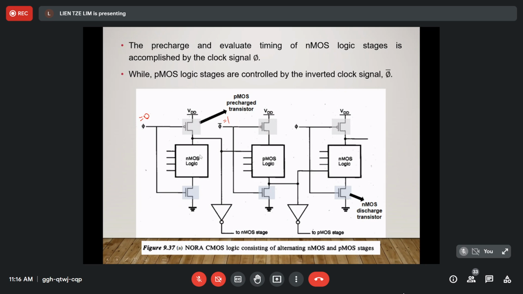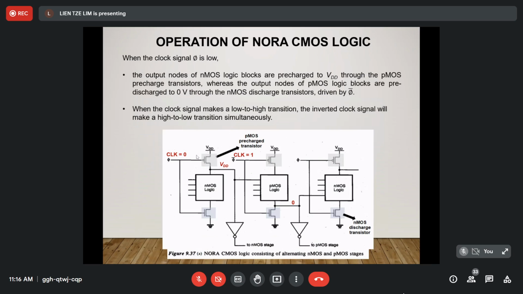For this NORA CMOS logic, the operation is given here with a description. When the clock signal is low, the output nodes of NMOS logic blocks are pre-charged to VDD through the PMOS pre-charge transistor, whereas the output nodes of the PMOS logic blocks are pre-charged to 0 through the NMOS discharge transistor driven by this inverted clock signal.